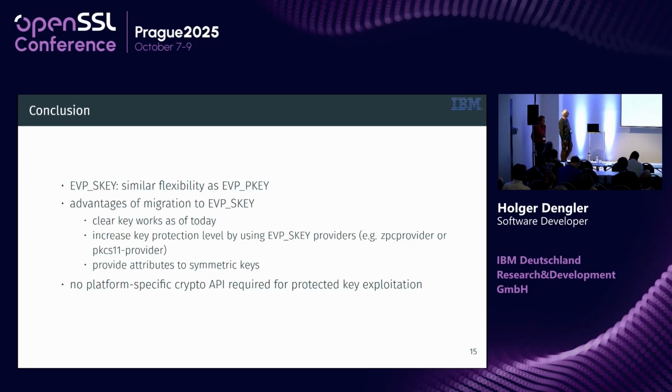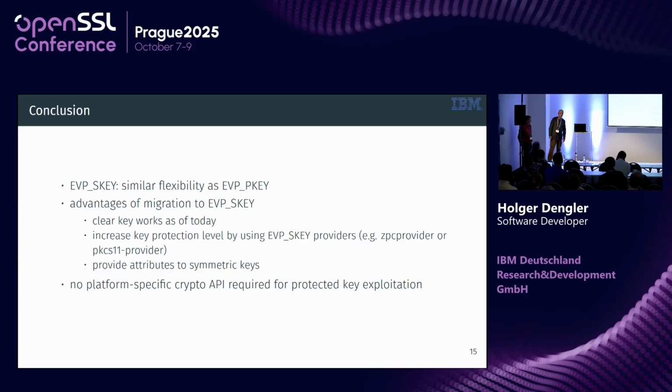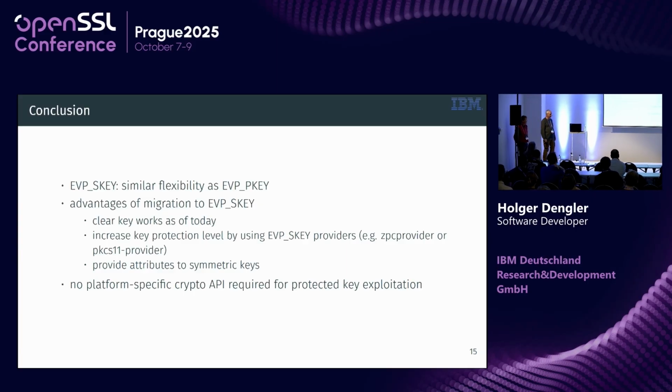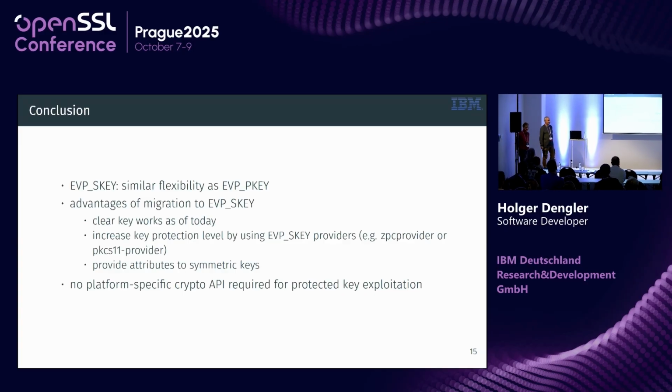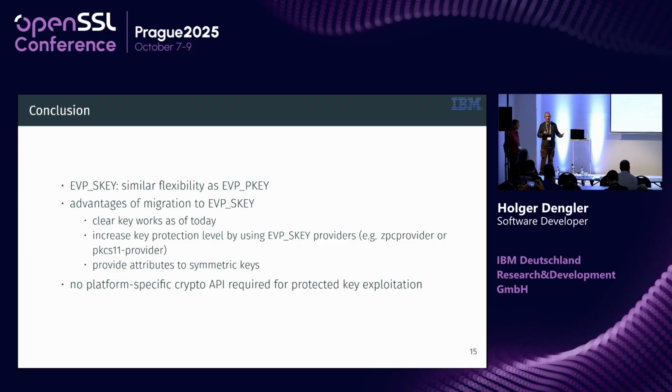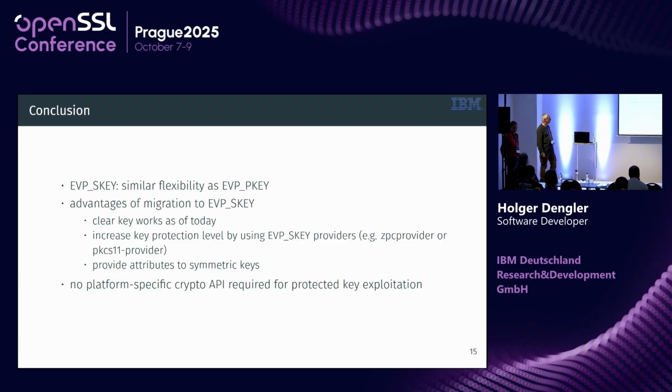Thanks for that. Okay, so let me come to the conclusion of our talk. We love the SKey API, so we are very happy to have this. It's similar to the EVP PKey API, and gives the same flexibility in dealing with opaque keys.